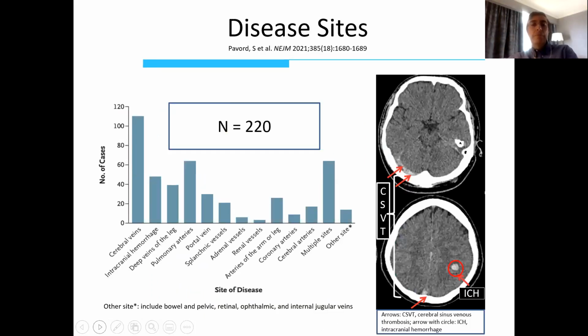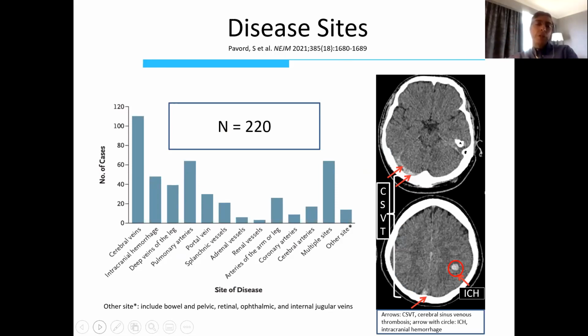Next slide, please. In terms of thrombosis anatomical distribution, whereas initially the cerebral sinus was the one that concentrated the thrombotic events, we see a much wider array of presentations, as shown in your bar graph on the left part of your slide. So we see individuals with, as already mentioned, lower limb, pulmonary arteries, portal vein, splanchnic veins, adrenal vessels within the abdomen, and renal vessels.